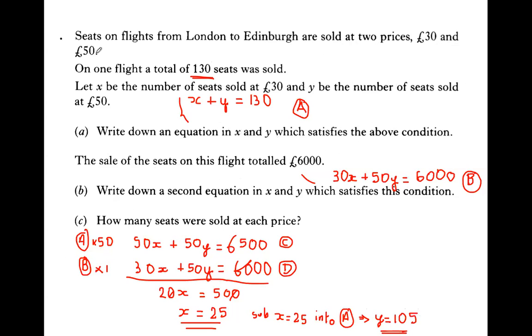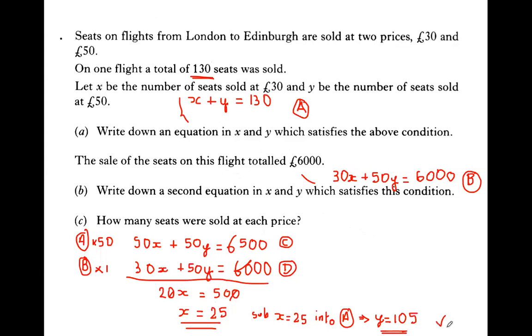Let's check it. The first one is easy to check. 105 plus 25, that's 130. Now we need to do 30 times 25 plus 50 times 105. And if I've done it correctly, I should get 6,000, which is what I got.